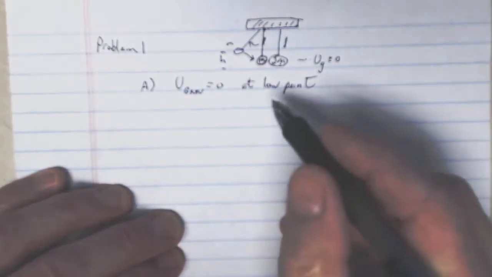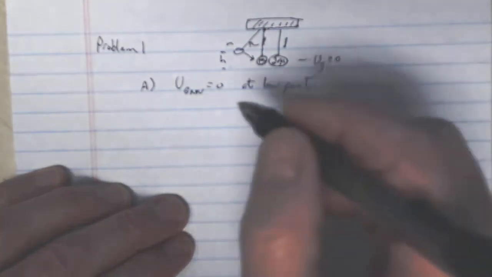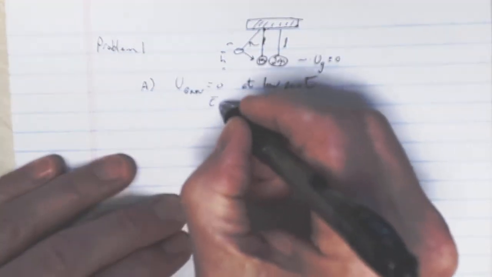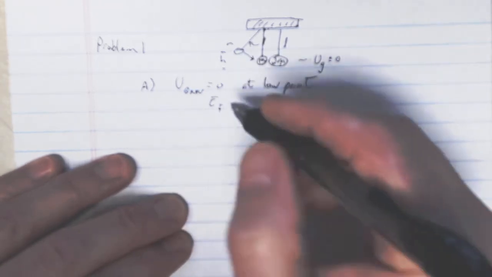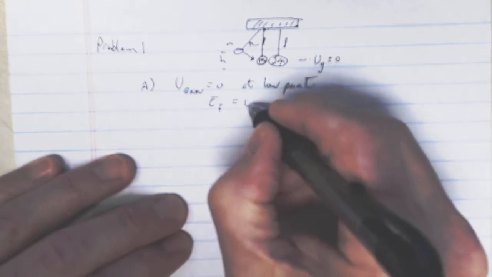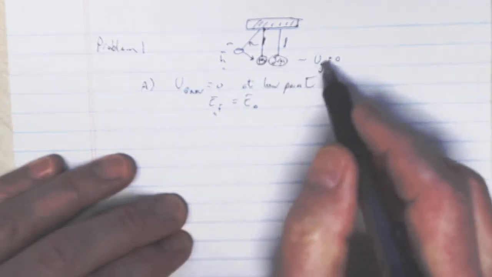And you're told you pulled this ball over to a height h, and so we'll just use the idea that the final energy, and final in this case is just before the collision and just of this mass m, equals its initial energy. Its final energy, well, it's down here where gravity is 0, so its final energy is all kinetic.